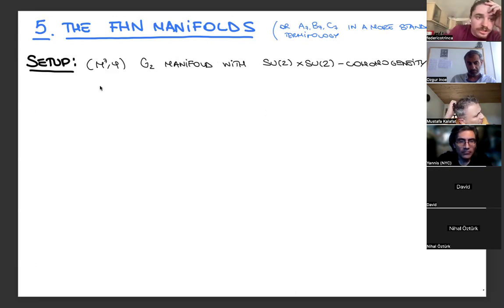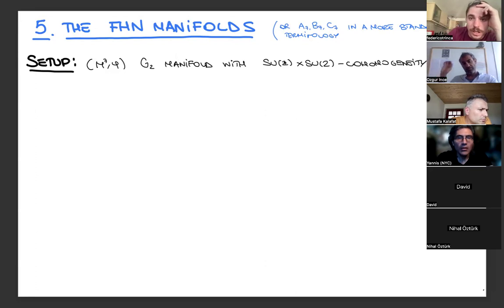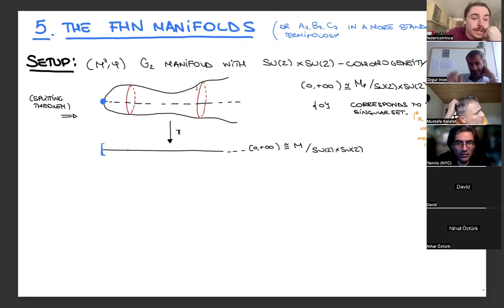So first, the setup is a G2 manifold with holonomy, with a cohomogeneity one action of SU2 times SU2. So this means by the splitting theorem that my manifold looks like this.